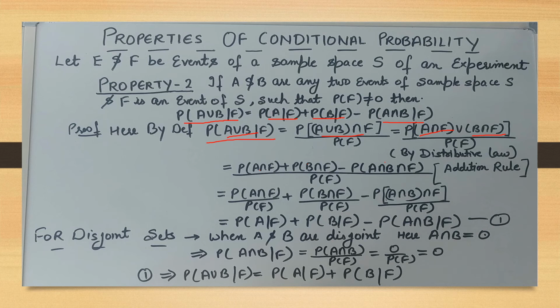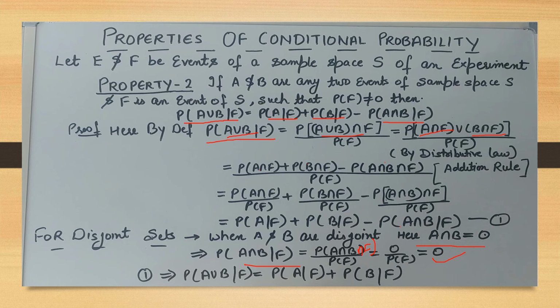And in the case of disjoint sets, what happens when the two sets are disjoint? You already know that their intersection is 0. So in that case, what will happen to this formula? The last term, probability of A intersection B under F, is probability of A intersection B intersection F divided by probability of F, and this becomes 0. Because the sets are disjoint, you will not get anything common between all three events.